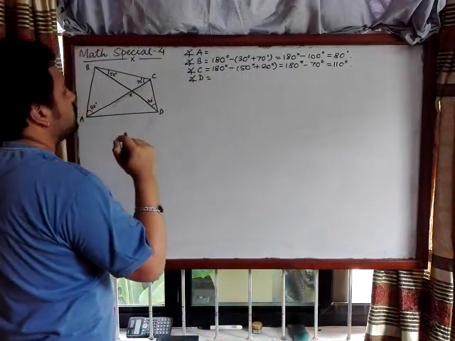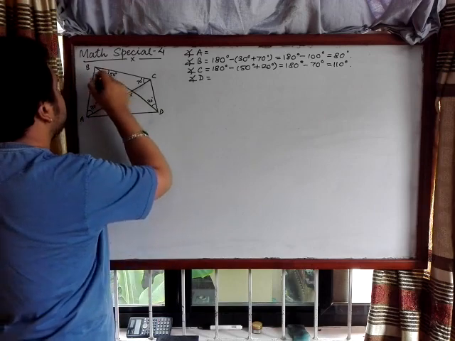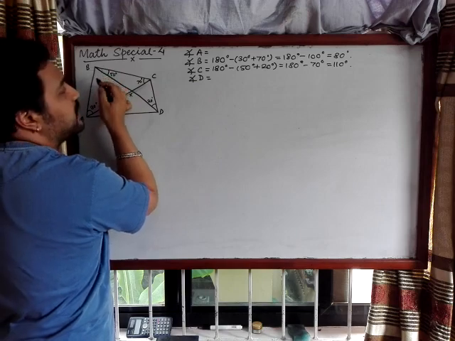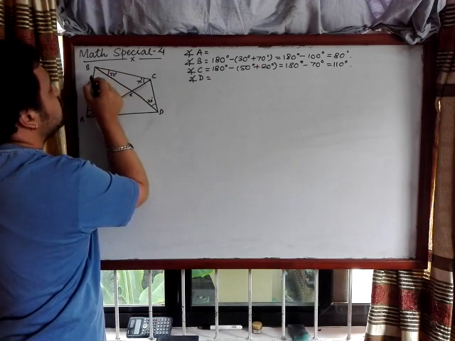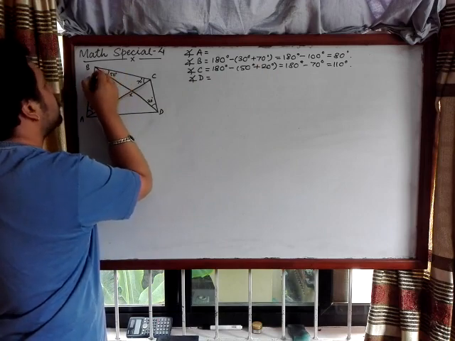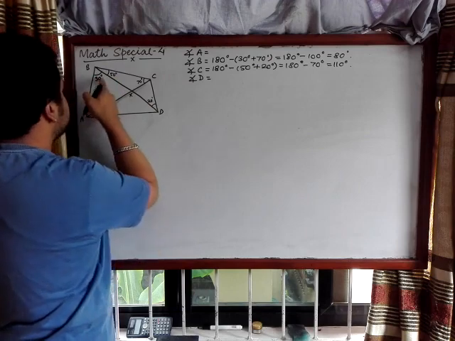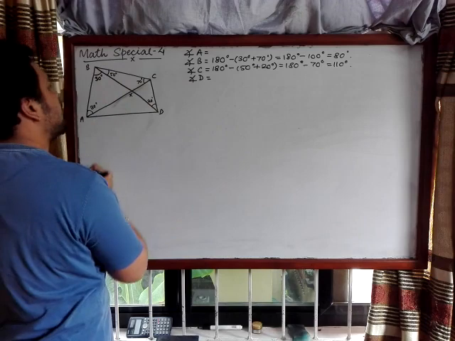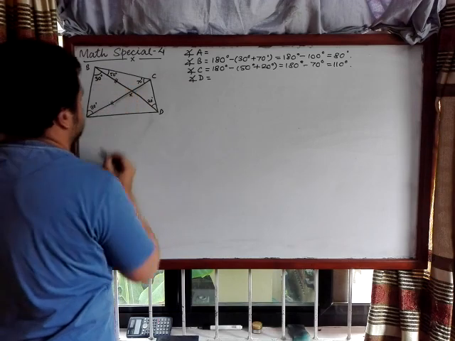Now, for further calculations, let's calculate these angles. The entire angle B is 80 degrees, and this part is 50 degrees, so this must be 30 degrees. Since this is 30 and this is 30, triangle AXB is isosceles with AX equal to BX.